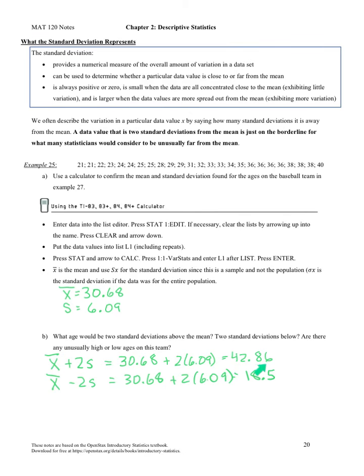Is there anyone older than 42.86? No. Anyone younger than 18.5? No. So there are no unusually young or old players. And that ends our video on standard deviation, the first video of section 2.7.